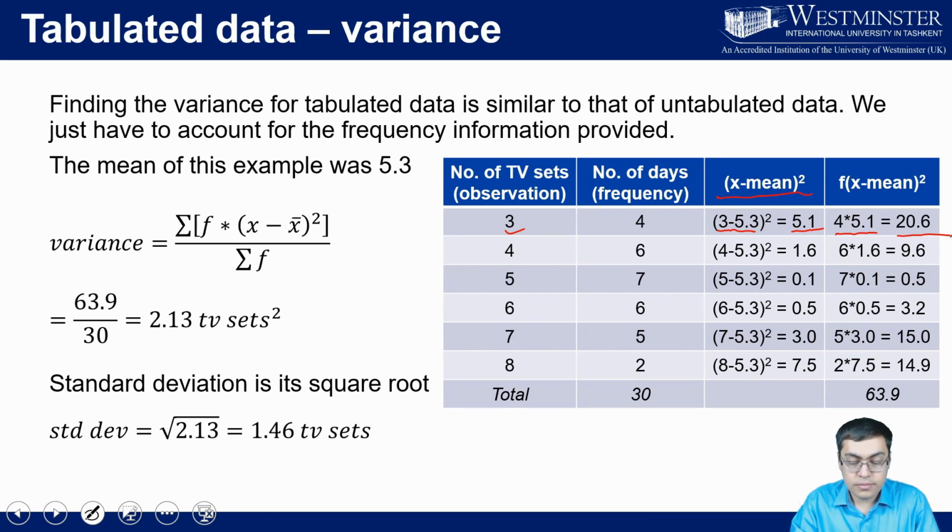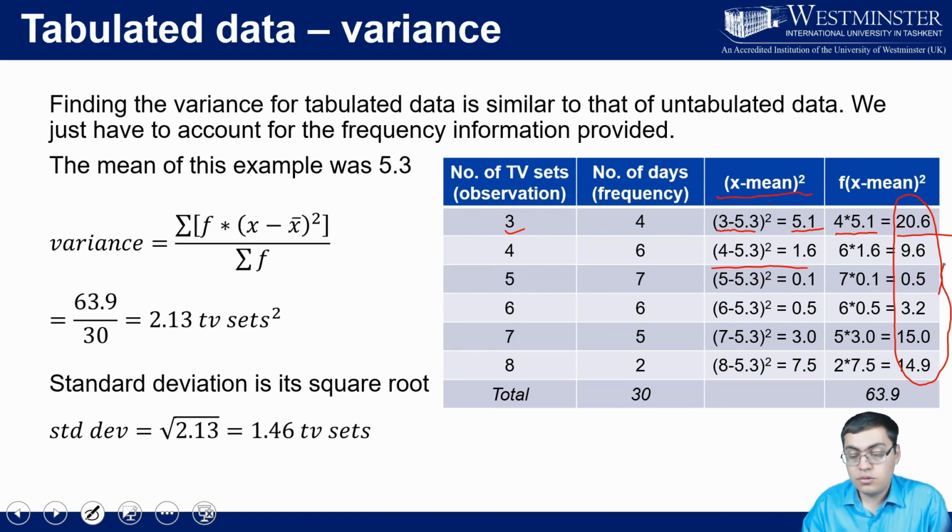I continue doing that one by one through all of my data, and I get all these numbers. Then it becomes similar again to untabulated data structures. I just add them all up, and that is signified by the sigma symbol over here.